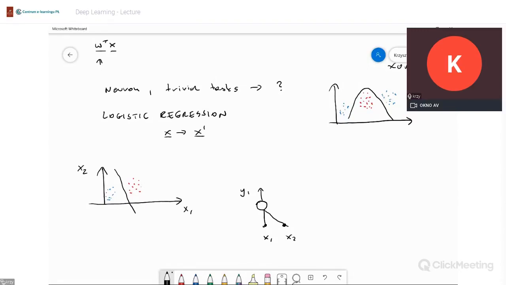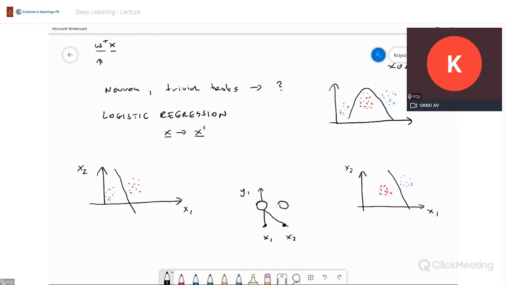Now this is a sub-problem. And there is a second sub-problem: separating between red points and members of the second cluster. This is my second sub-problem, and I can solve it using a neuron because it's linearly separable.